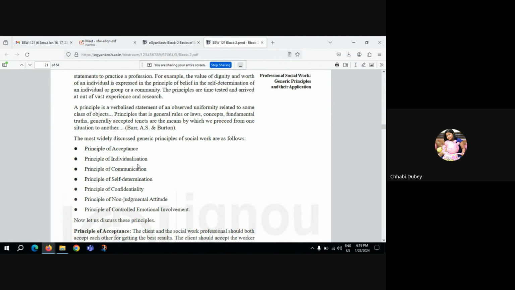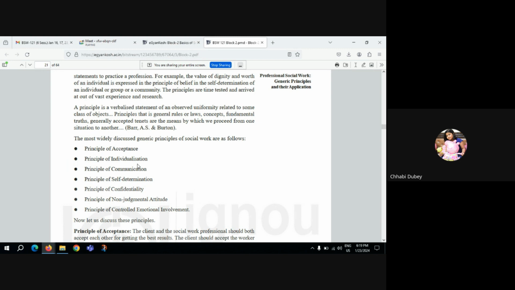A principle can be related to a class of objects, general laws or rules, concepts, fundamental truths. Generally accepted tenets are the means by which we proceed from one situation to another.